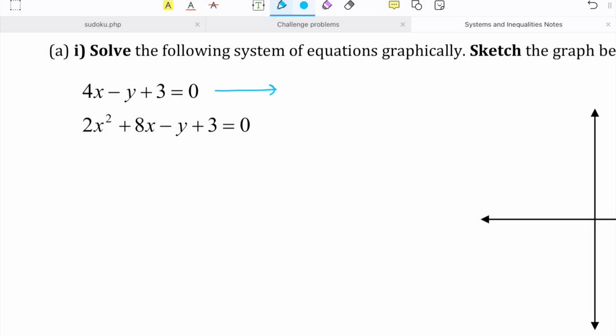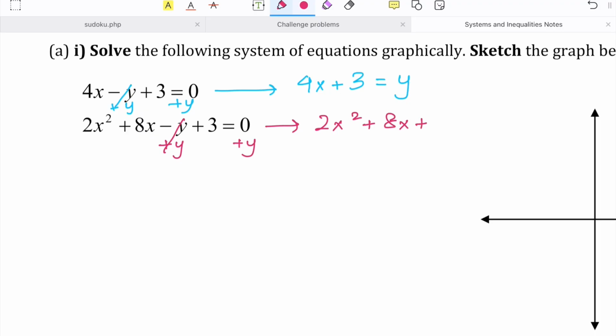To change this, I'll have to add y on both sides. So I get 4x plus 3 is equal to y. And the second equation, I'll add y to both sides. It'll be 2x squared plus 8x plus 3 is equal to y. So I have both my equations here.